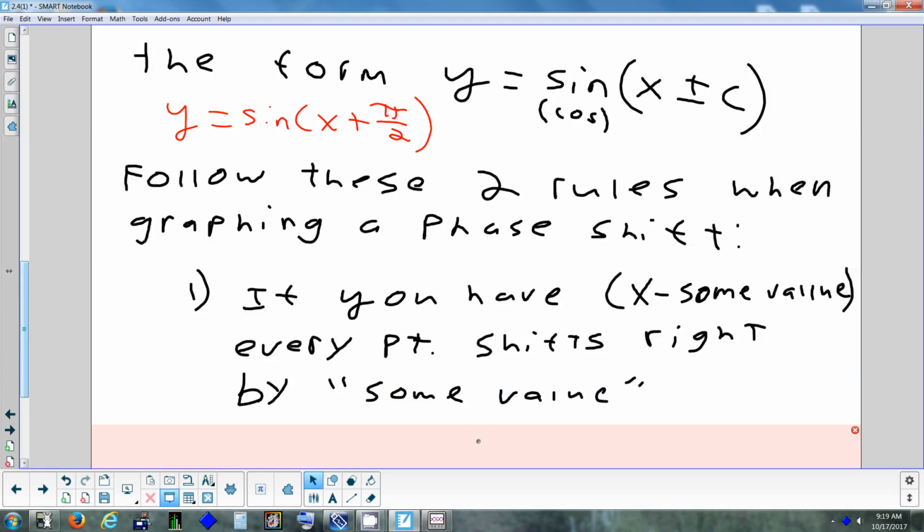Okay, there's 4 transformations we're going to study. 2 of them do exactly what you would expect. Kind of common sense. 2 of them do the opposite of what you would expect. This is one of the transformations where common sense doesn't work. Okay? It's the opposite of what you would expect. So you can put that on a reference sheet, use it on the test, but somehow you've got to remember that.